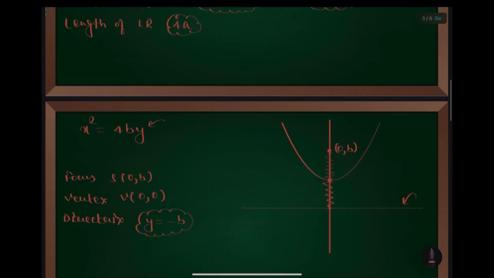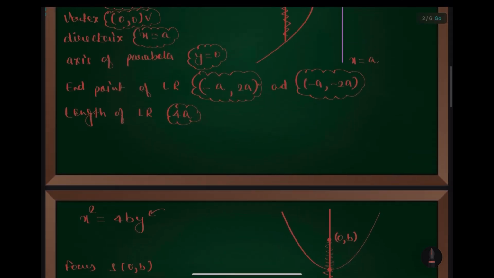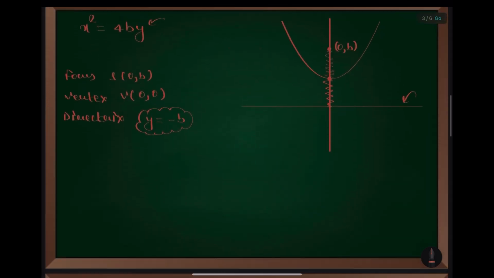Like previously we were assuming x equals to a, here things are changed, coordinates are updated. So it is parallel to the x axis, that's why y equals to something. So you got your directrix.